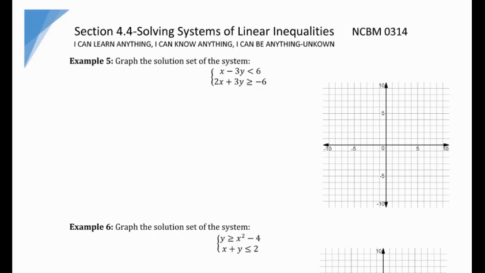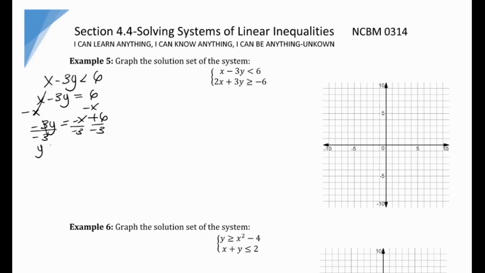So for the first equation, let's go ahead and leave it in y equals mx plus b form. So we have x minus 3y is less than 6. x minus 3y equals 6. We subtract x on both sides. We have negative 3y equals negative x plus 6. We divide everything by negative 3.